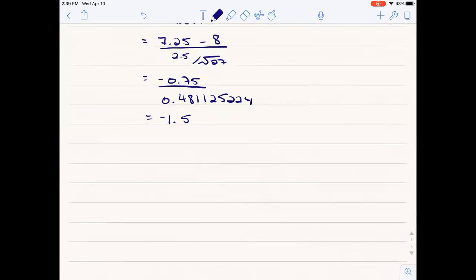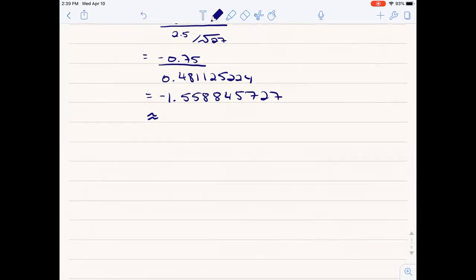Negative 1.558845727. T, remember, has to have 3 decimal places because the T table has 3 decimal places, right? So you're always trying to match the table. So negative 1.559.